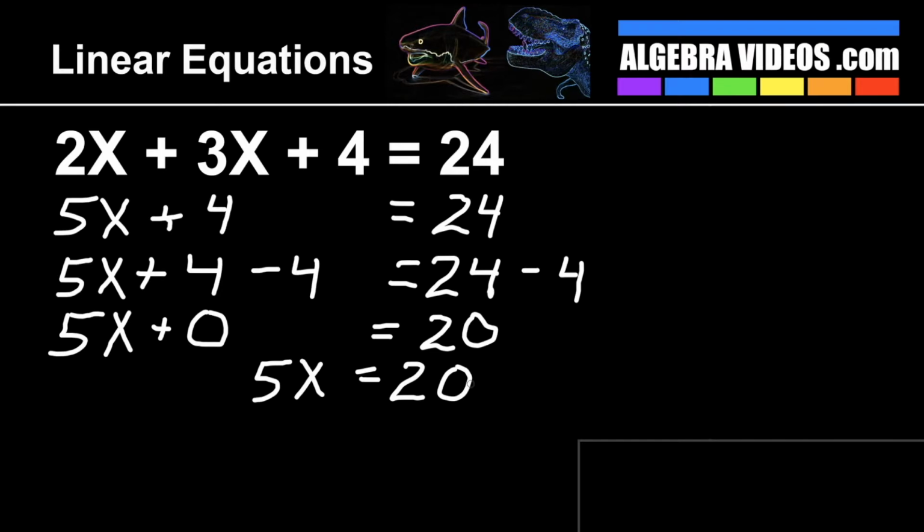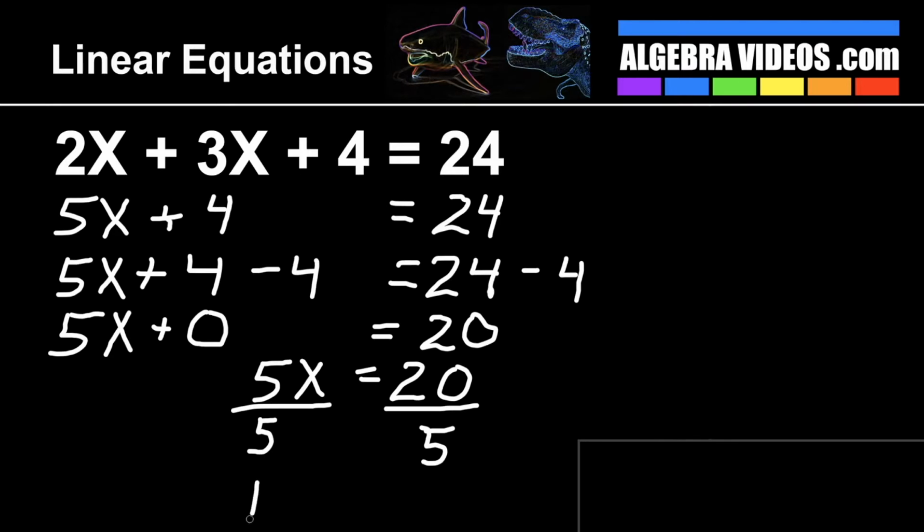And now once again I'm going to do the same thing to both sides. In order to get rid of this 5, I'm going to divide both sides of the equation by 5. Divide the left side by 5, and now divide the right side by 5. And when I do that, I know that 5 divided by 5 is 1.